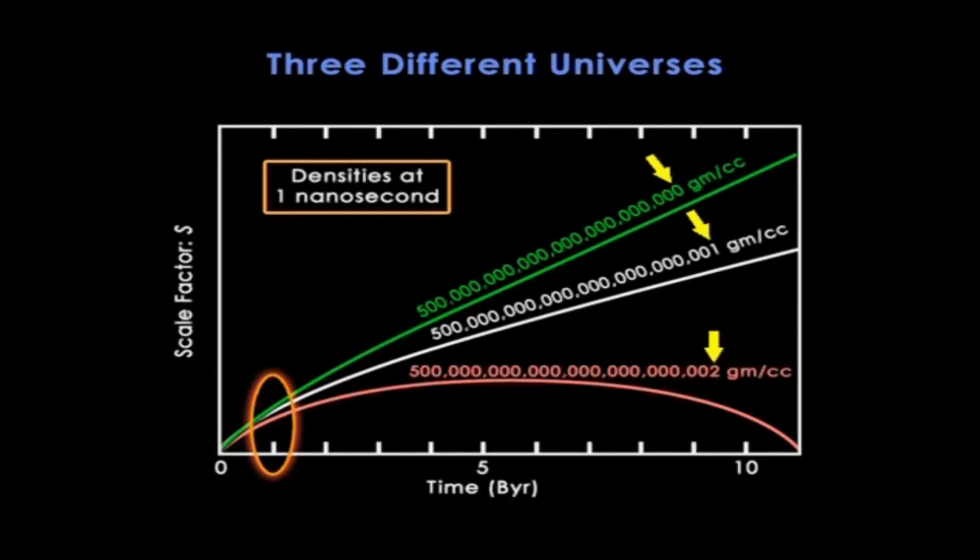They're all extremely close to the critical density at that time, and they differ by just 1 gram per cubic centimetre. So universes that are fairly close to the critical density today must have been incredibly close to the critical density in the early universe. Once again, the Standard Model can't explain why the actual density in the early universe was so close to the critical density.